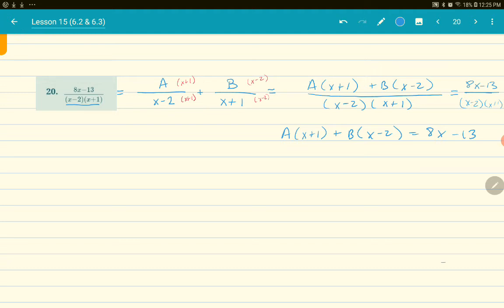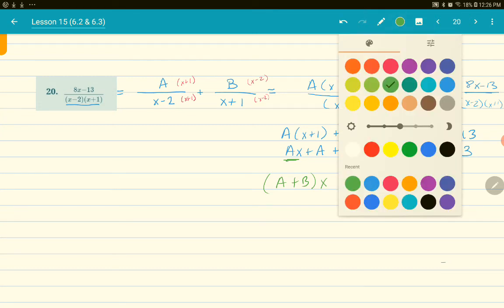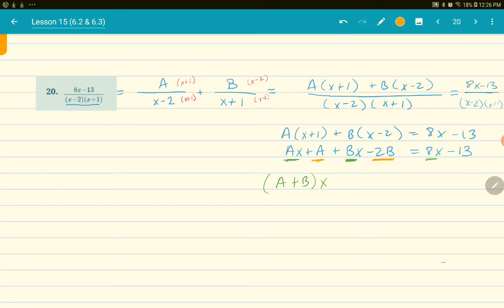Now solving for a and b. I'm going to get rid of my parentheses and write ax plus a plus bx minus 2b equals 8x minus 13. And then I'm going to combine like terms. I combine my x's, and those are a plus b times x, set equal to 8. And then I combine my constants.